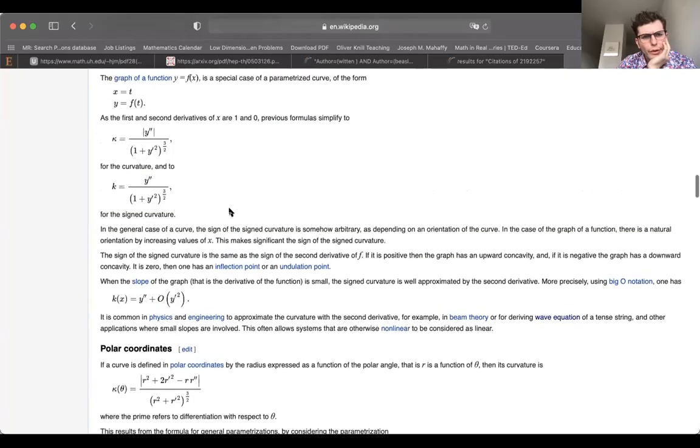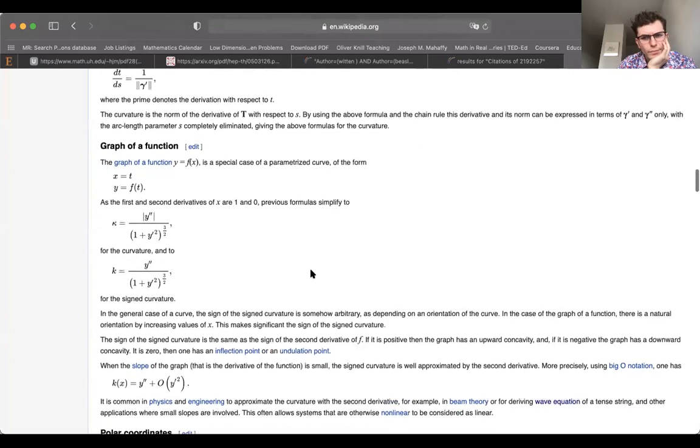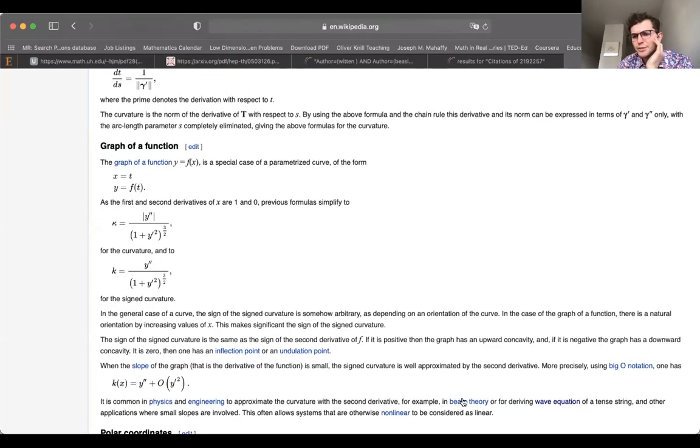Yeah, your intuitions are correct. As you might expect, curvature has to do with the concavity of the curve in some sense. I didn't say that, but I should have: curvature is related to the concavity of the curve.